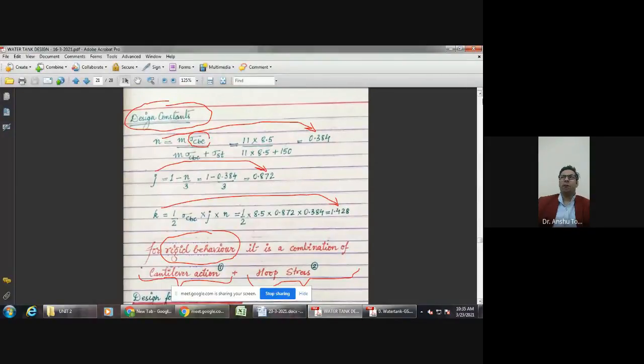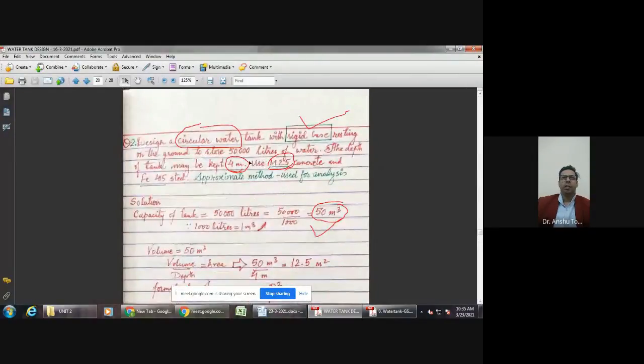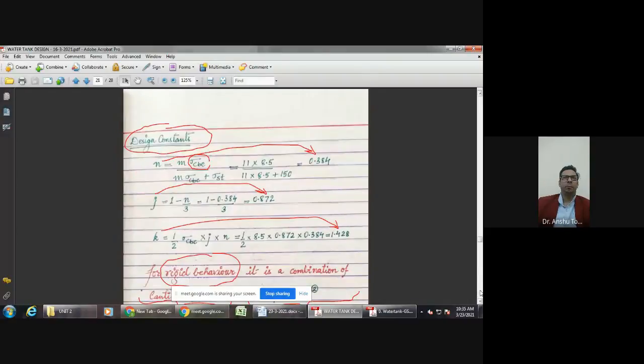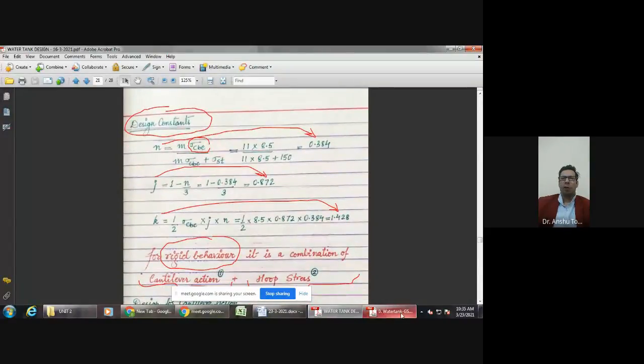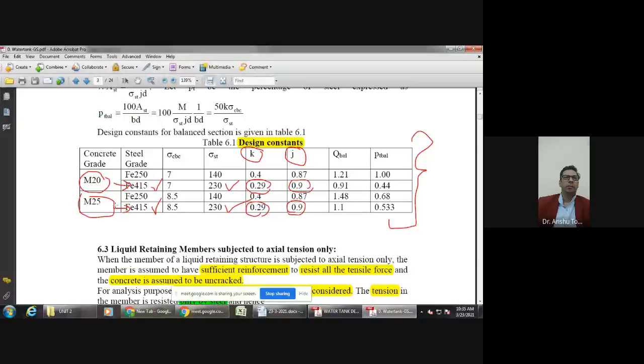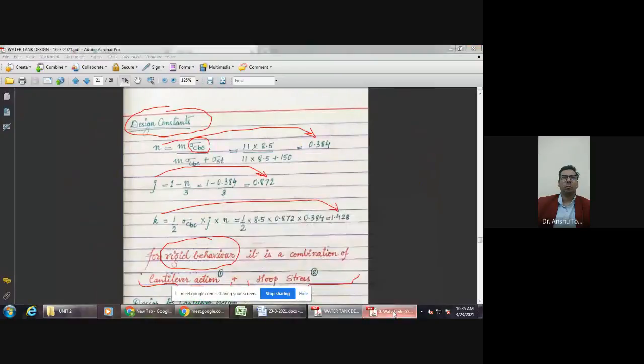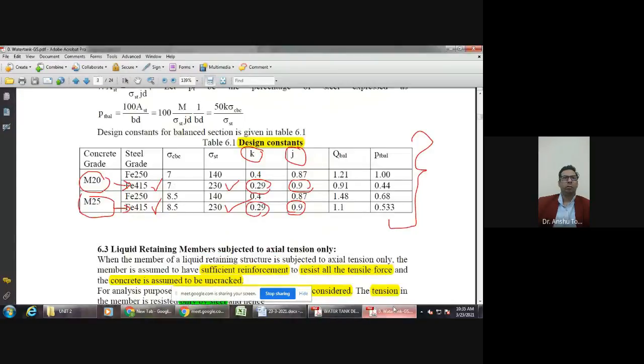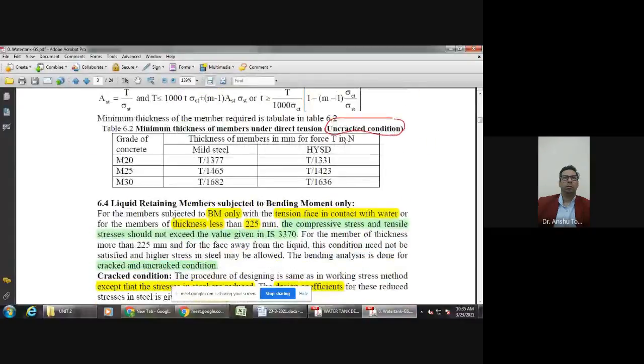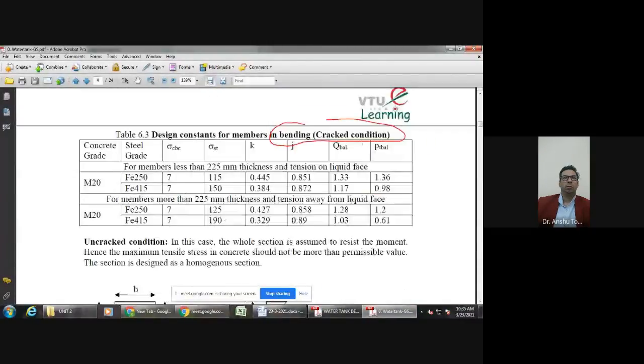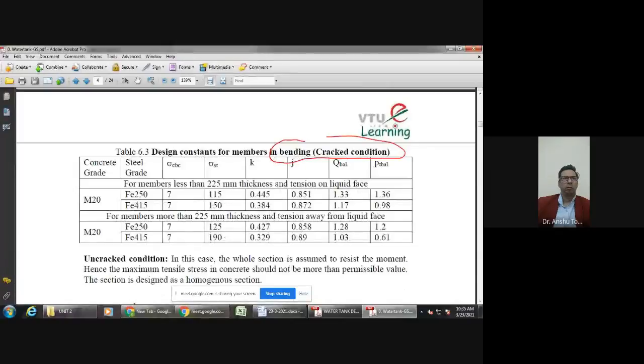J, what is the grade of concrete in this question? This is M25. So for M25, we have the value here, and for M20 both.